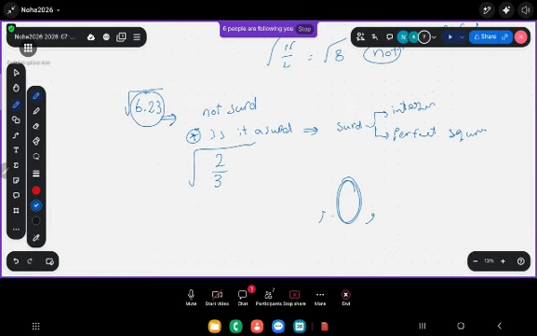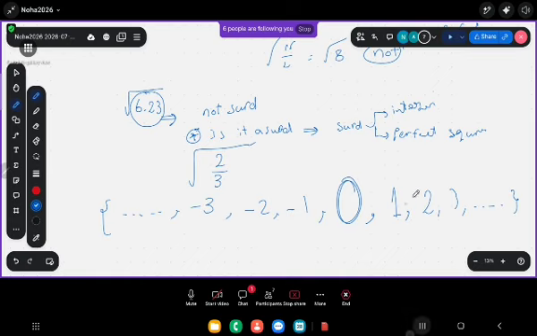You're going to write 1, 2, 3, and it doesn't end. And going left, -1, -2, -3. Is there anything in the middle?